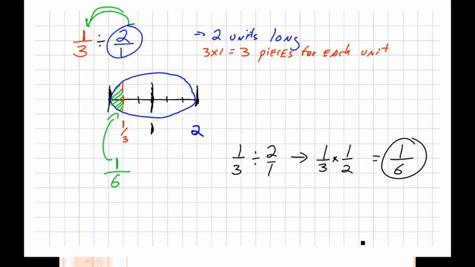Let's suppose I wanted to do a problem where I have a mixed number. Let's put a mixed number in here and see how that works. Let's take 1 and 1/2 and divide it by 2 and 1/2. A mixed number divided by a mixed number.